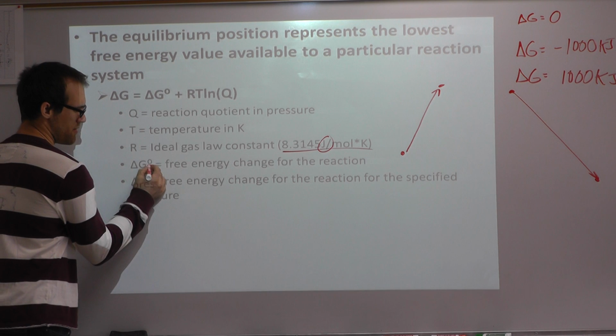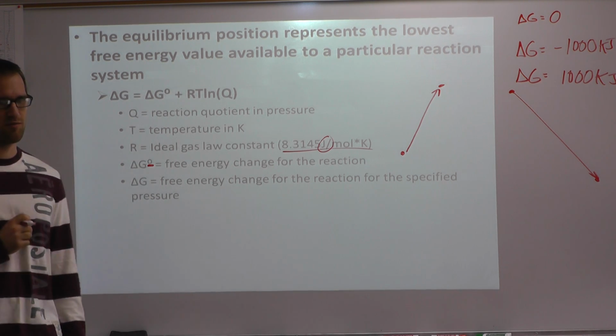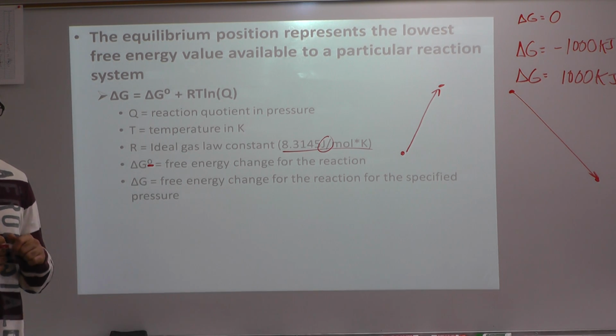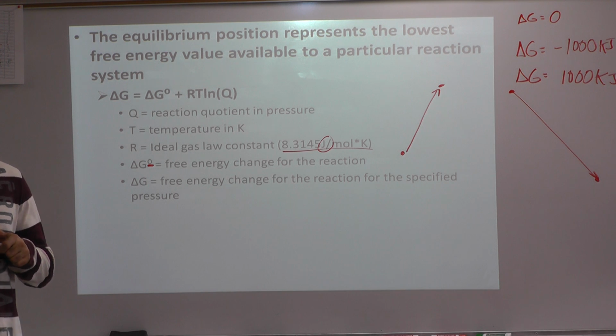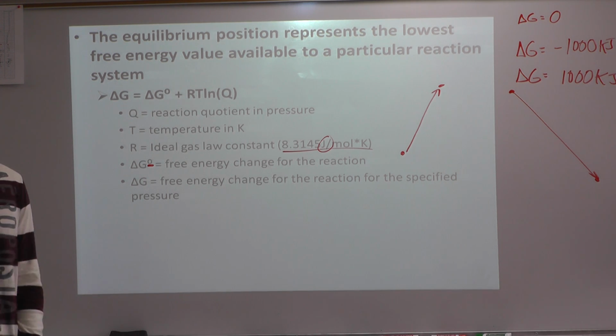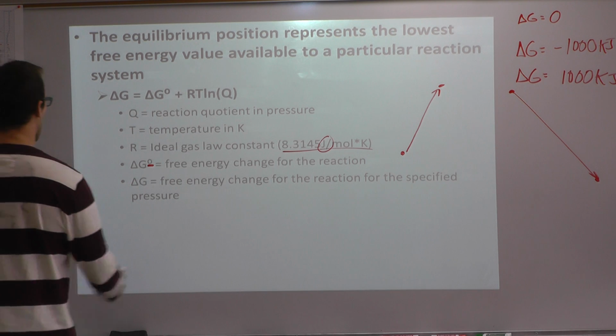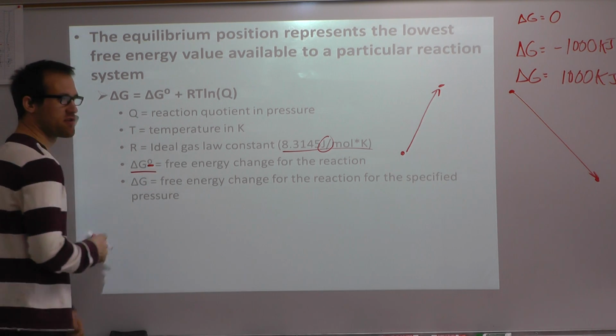I don't know if you guys remember, but that little degree symbol means standard conditions. Right, what did we say standard state was? 25 degrees Celsius. Okay, so this would be what the G would be if the pressures were 1.